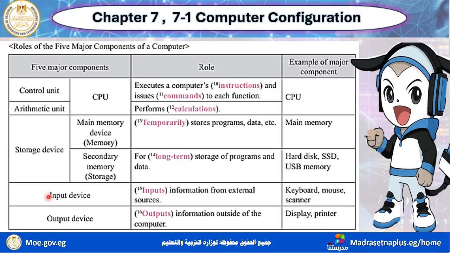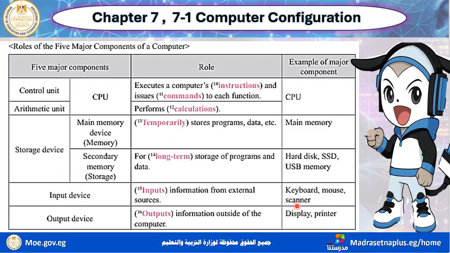What about the input device? We use the input device to input information from external sources. So we want to give instructions, give orders, give things to the computer, like typing words. Examples of input devices are keyboard, mouse, and scanner.